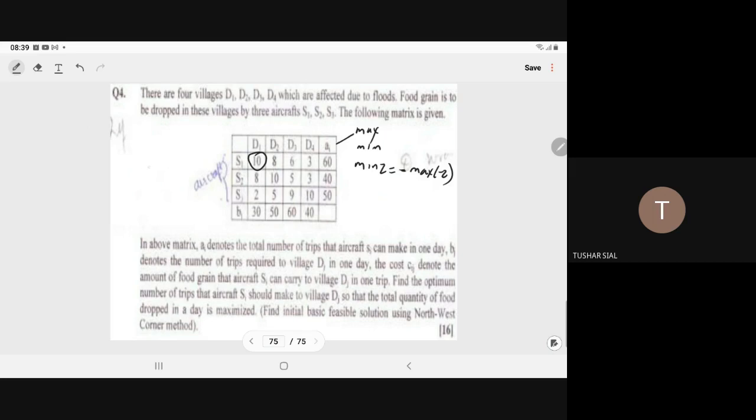Say this is the problem, and here we have the maximum value at this point. If you multiply with the minus sign, here we have the minimization, and the optimal value will come at the same point. This means the xij will be the same.